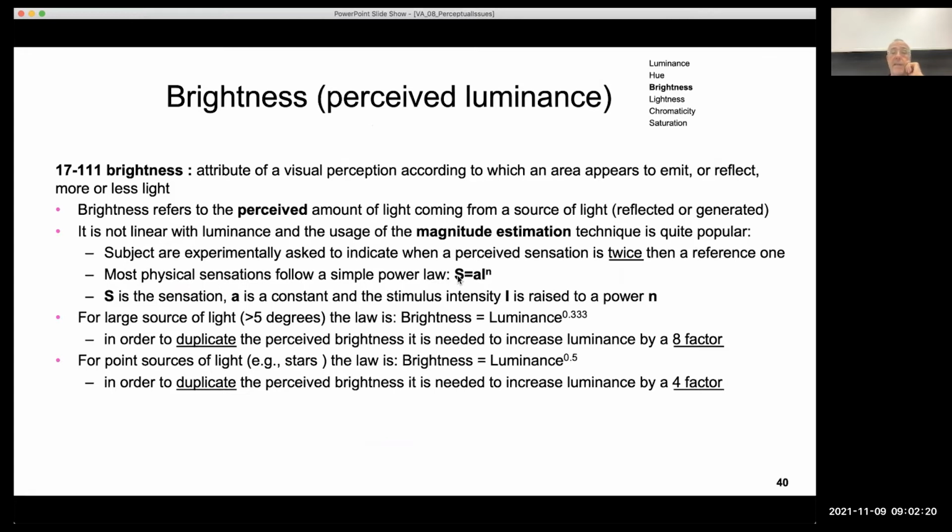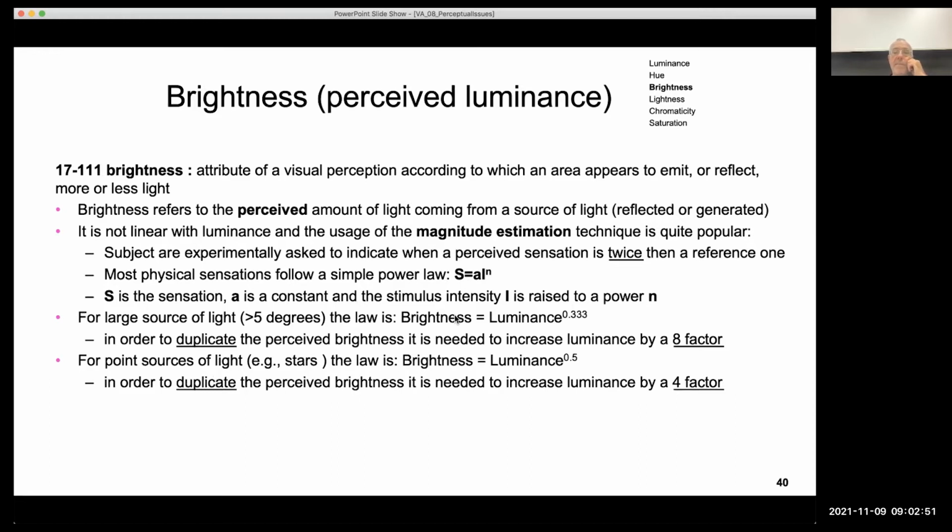It is like this: S is the sensation you have, A is a constant, I is the stimulus intensity, something that you can measure, the pressure of the sound, the intensity of luminance. And this exponent N gives you the way in which you perceive it, logarithmic typically.